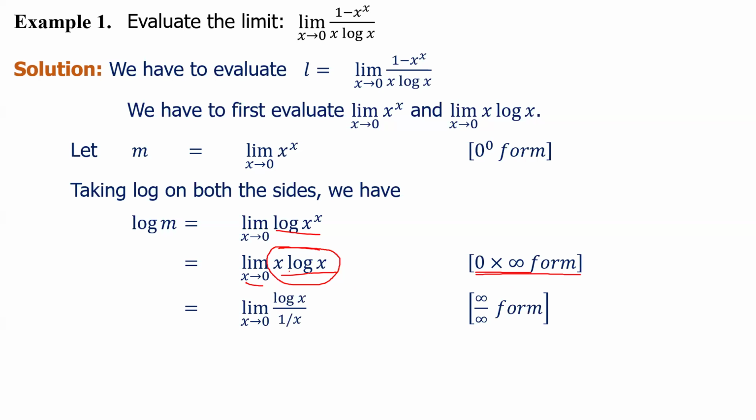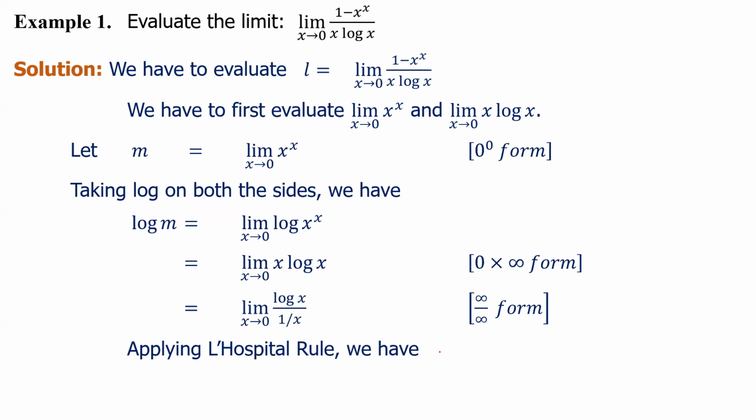Log x in the numerator, and x can be written as 1 upon x because this x goes to the denominator. So x log x can be written as log x divided by 1 by x. Now, if you put the limit, log of 0 is infinity, 1 upon 0 is infinity, so it has infinity by infinity form. Now we can apply the L'Hospital rule.